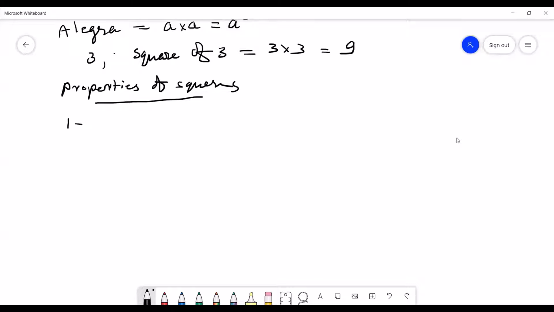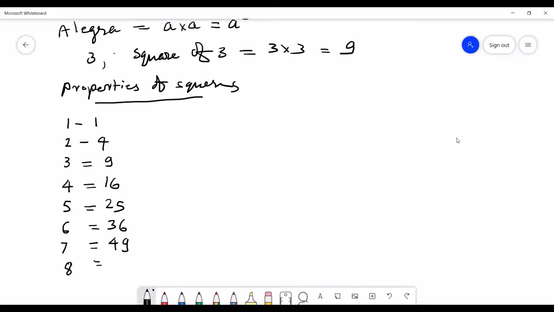So 1 has square 1 and 2 has square 4. 3 has square 9 and 4 has square 16. 5 has square 25. 6 has square 36, it means 6 into 6 is 36. 7 into 7 is 49. And 8 into 8 is 64.